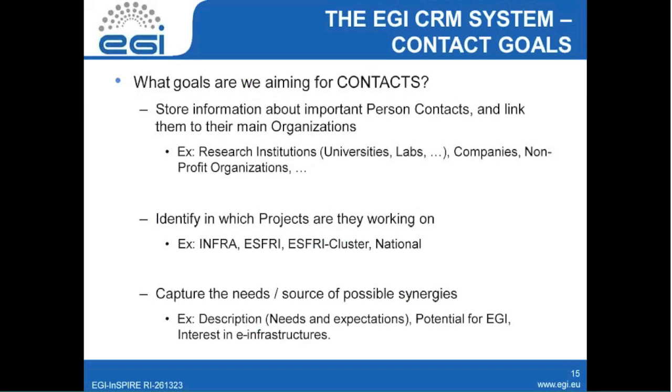We want to identify in which project these persons are working, and we want to capture the needs and the requirements of the community that this person represents. So again, what are their expectations? What could be the potential of this user or the community they represent for EGI, and what is the interest of this user or of the community that they represent in infrastructures?